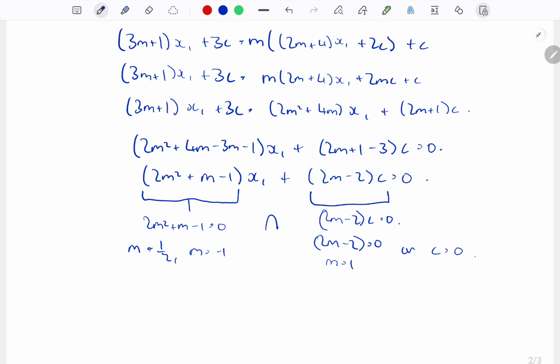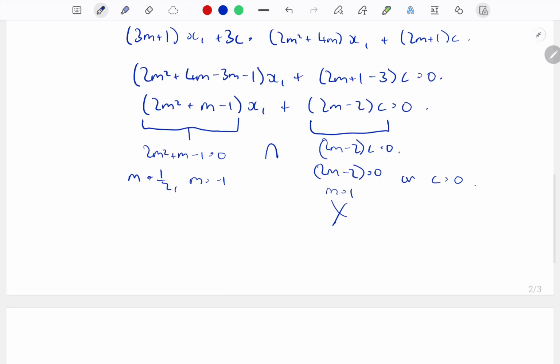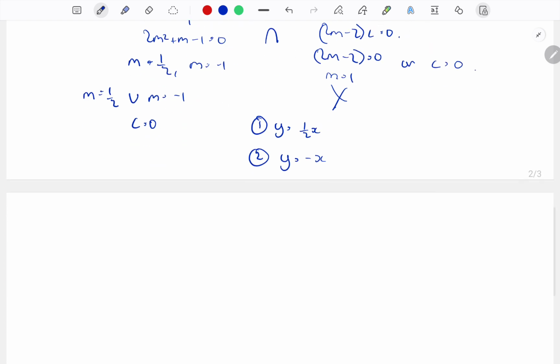However, if m is equal to 1, 2m squared add m take away 1 is not equal to 0, so we ignore it. Therefore, m equals 1 by 2 or m equals minus 1, and c equals 0. So we have two invariant lines, y equals 1/2 x, y equals minus x.